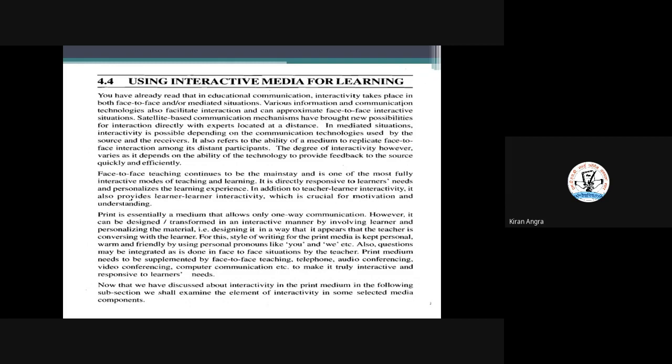So the interaction can be among learner to learner, or between teacher and learner. That's why we use a lot of different sorts of media, which can help interaction during learning. So let us see the first one, that is interactive radio.